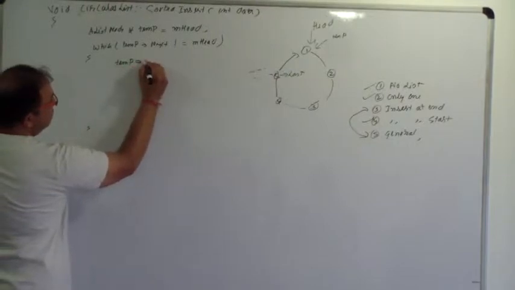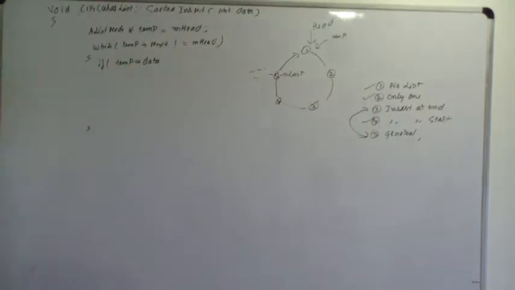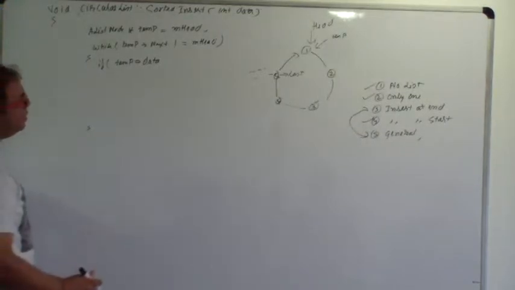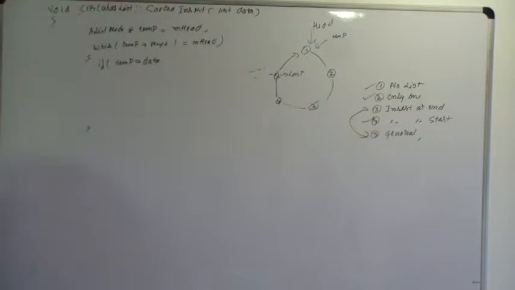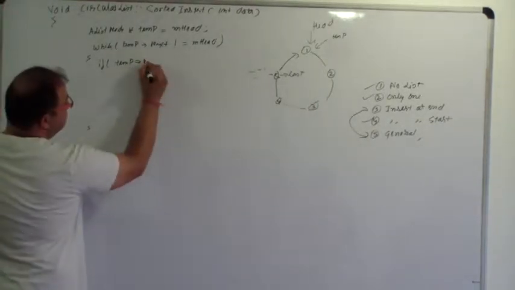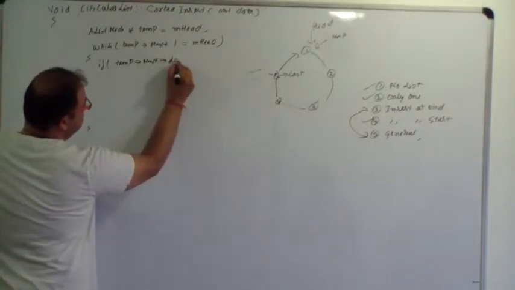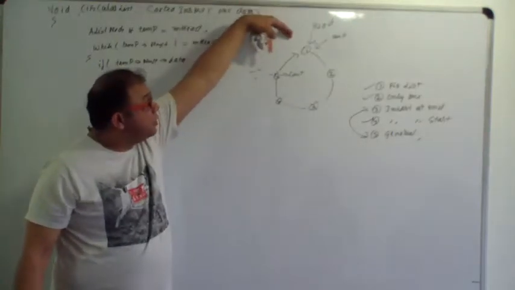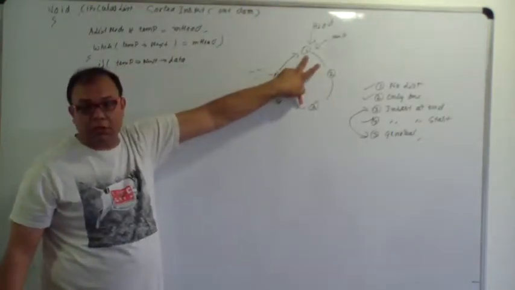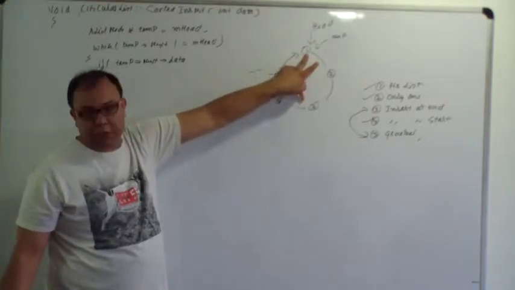temp arrow data. If temp arrow next arrow data, you tell me. So we have already checked at this point that the value that is coming is not going to be inserted over here.